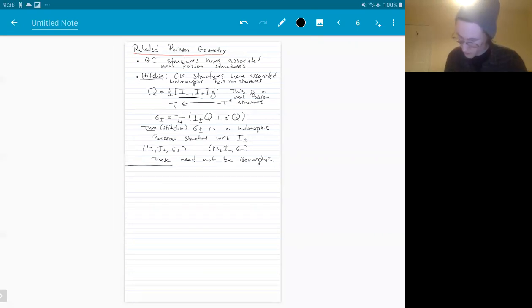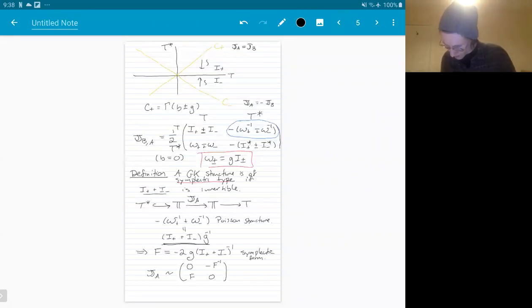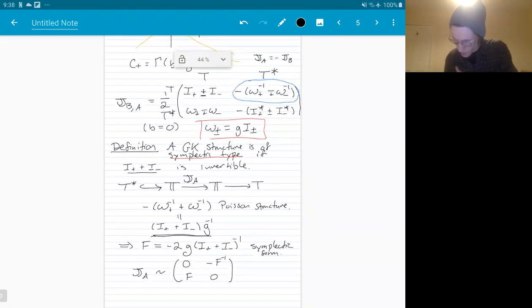Yes. So if we look back, the other Poisson structures are coming from I plus I minus times G inverse. And the other one would be with the minus sign.